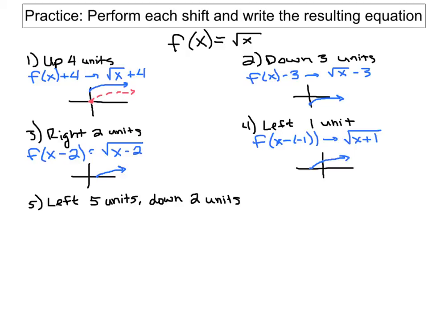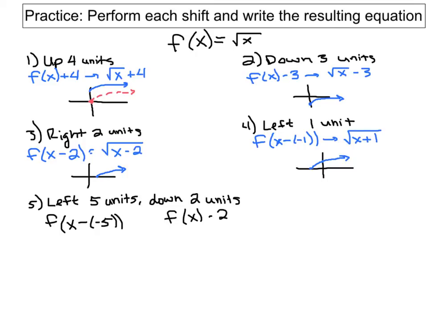Alright, now let's try one with a combination of the two. This is a horizontal shift and a vertical shift. Left is a negative direction, so it's going to be f of x minus a negative 5. And this is going to be down, so that's f of x minus 2. We're going to combine both of these at the same time.